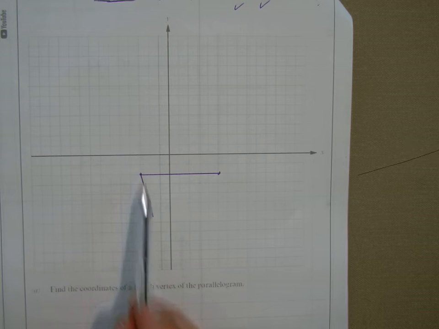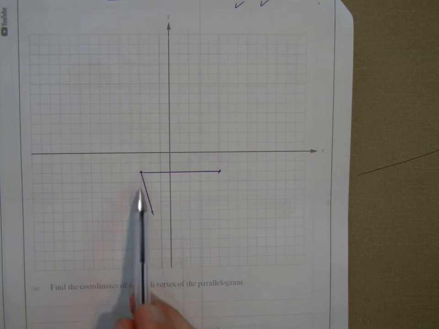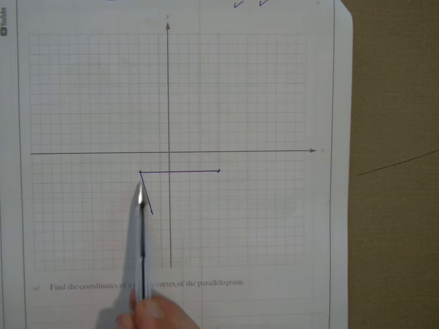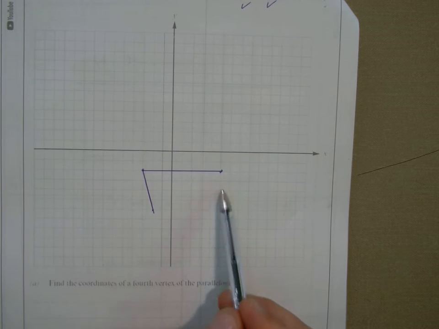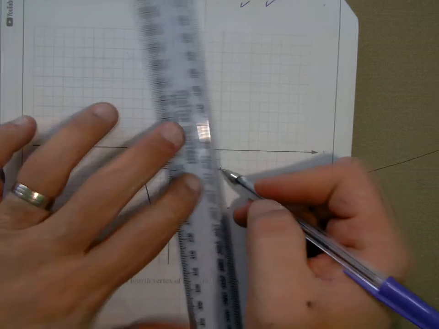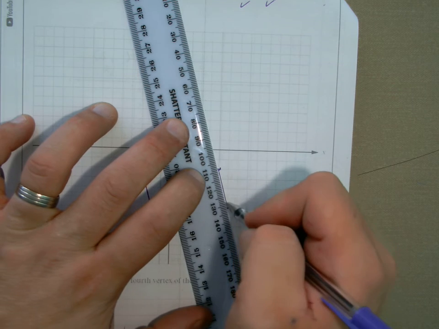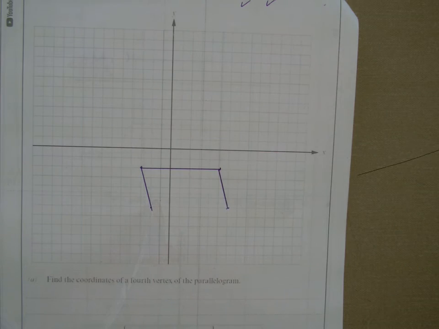To get from that point to that point, you have to go down 4 across 1, don't you? Well, we'll do the same here. We'll go down 4, across 1, so we end up at that point there. So you see you have a line which is perfectly parallel with that line there, going in the same direction.